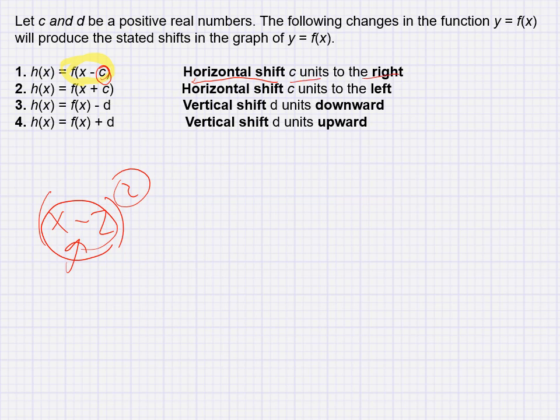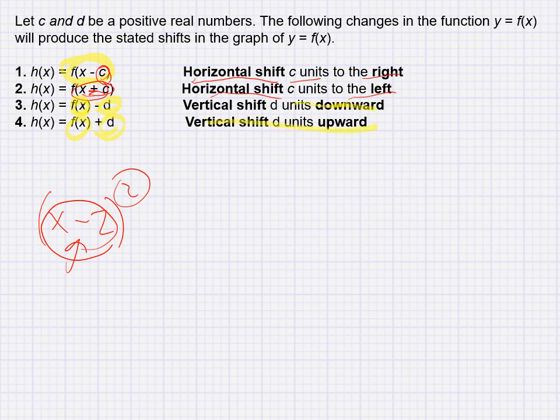If we instead added inside the function, and notice these are both happening inside the function, that would then move it to the left c units. Now look at these next two. Here we have a function, and then outside the function, we're subtracting or adding some value d. Well, that's going to change it vertically, and therefore subtracting d is going to move it down, and adding d is going to move it up.